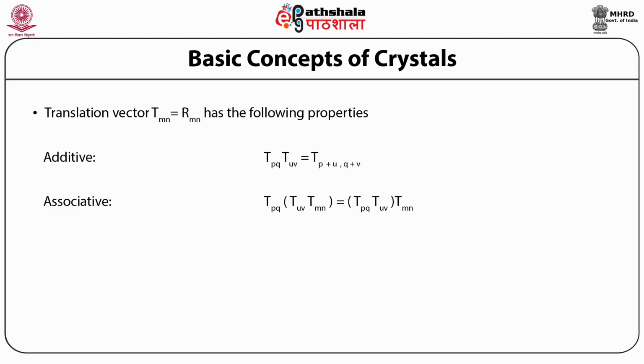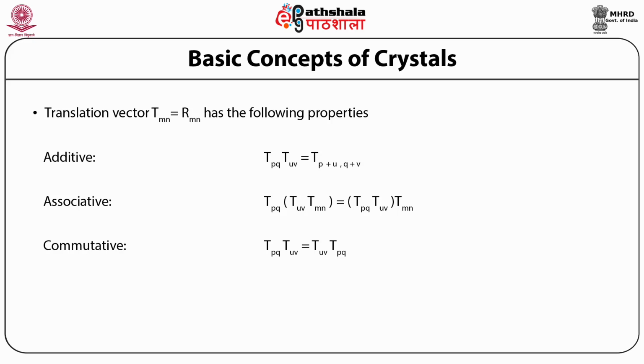So in any order you can perform these translations, and the result will be the same. And as you know, the commutative law means that either you perform this TUV translation first and TPQ later, or you first perform TPQ and then TUV, the result is the same. That is what it means.